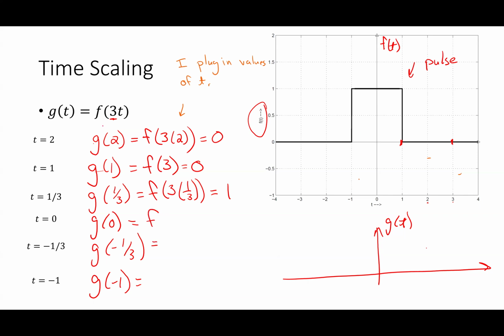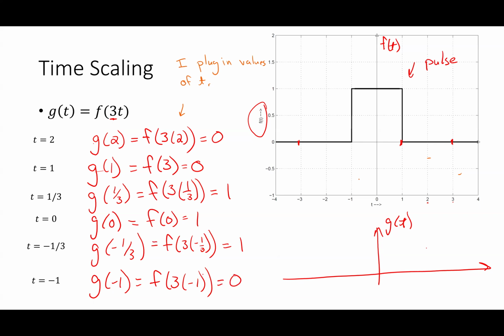If I plug in t equal to 0, I get f of 0, that's equal to 1. t equal to -1/3, so g of -1/3, I get f of 3 times -1/3, which is f of -1. f of -1 is 1. And then g of -1, what's that? Well, that's f of 3 times -1, or f of -3. Where's that? Over here. What's that equal to? 0.